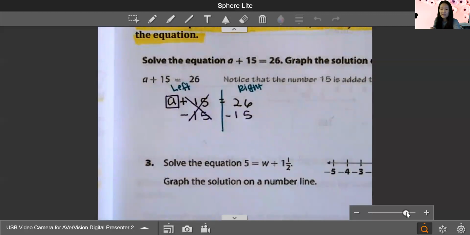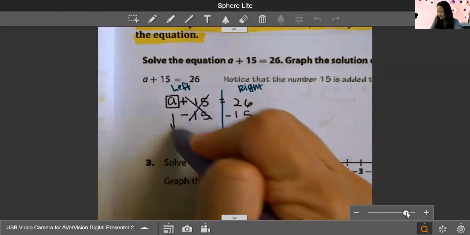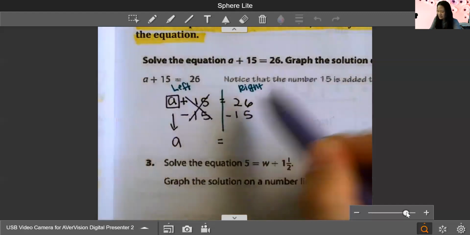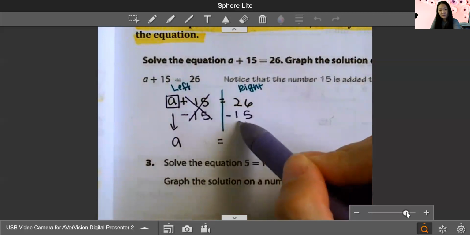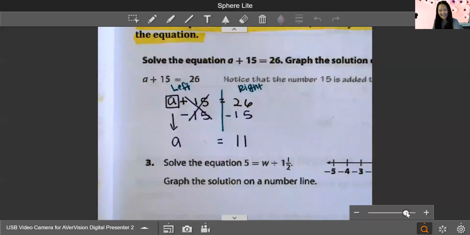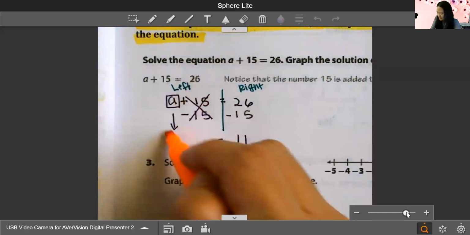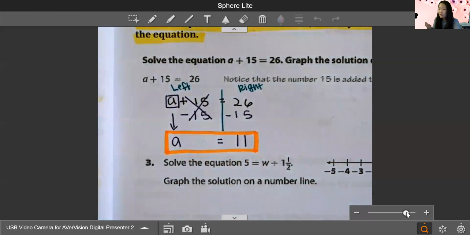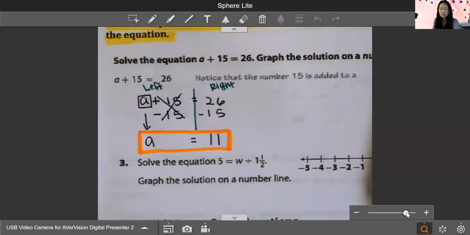So I X it out. Now, what happens? I have a equals, and then on this side, 26 minus 15 is 11. And that's the answer. Now, how do I check that the answer is correct?